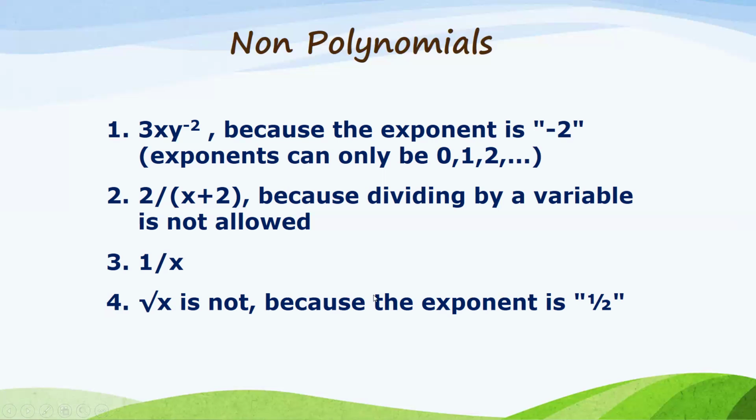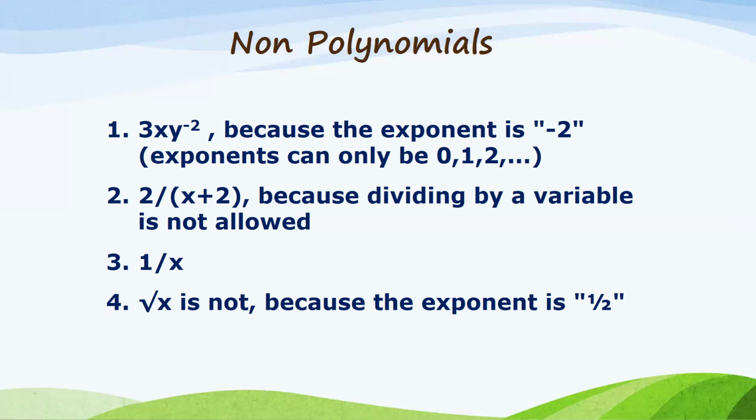Only 0, 1, 2, any positive exponents are allowed, but half power, 1/3 power, negative powers, these powers are not allowed. If there is a negative power, if there is a half power, if the variable is in the denominator, that means these are non-polynomial.